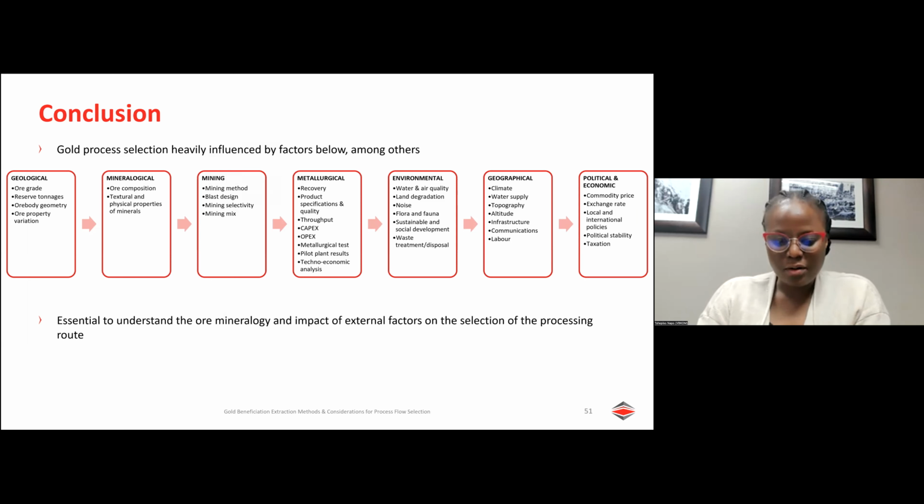So a thorough ore mineralogy assessment needs to be done. A thorough technology test and pilot plant test work needs to be done. There needs to be proper test work and proper sampling done for you to get the best and the most accurate measurement of your recovery.